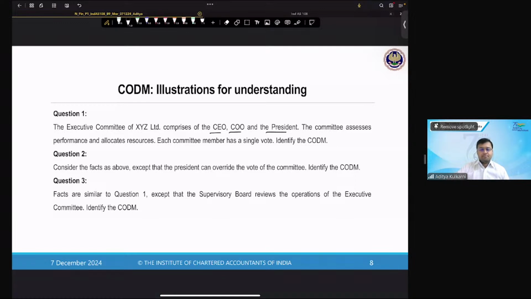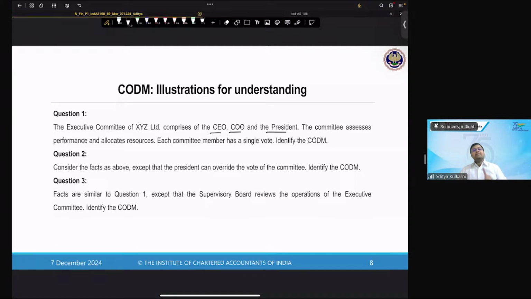Read the question. Try to tell. It is not restricted to one individual. Yes, the executive committee is the CODM here. The committee is the one which assesses the performance. The committee takes the decision.